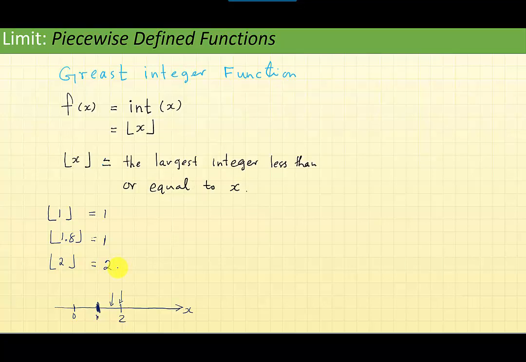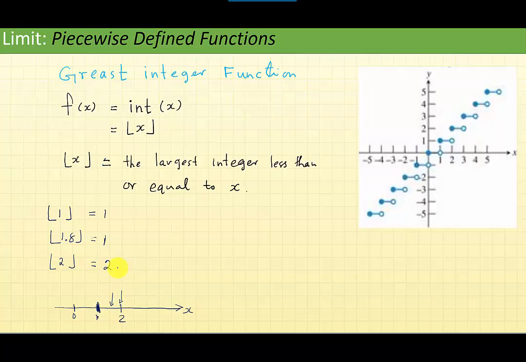Now you can see how it works, and that is how you get this graph. So when x is 0, the greatest integer is 0. Between 0 and 1, it's always 0. And at 1, it becomes 1, and jumps over here. And then from 1 to 2, it's 1. And at 2, it jumps to 2, and so on.